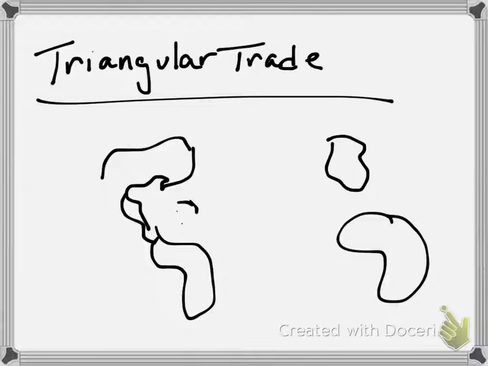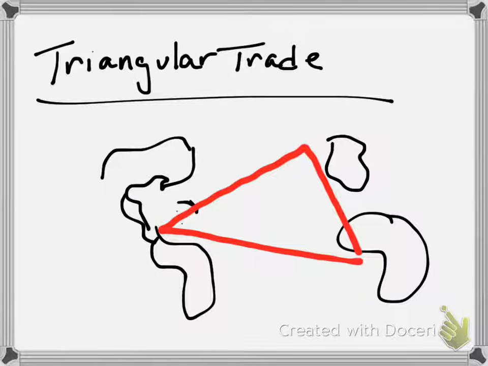It doesn't really matter that we call it a triangle. That doesn't really have anything to do with what was trading or what was happening. But the idea was basically that these three sections of the world, Africa, the Americas, and Western Europe, their locations on the globe formed a triangle.